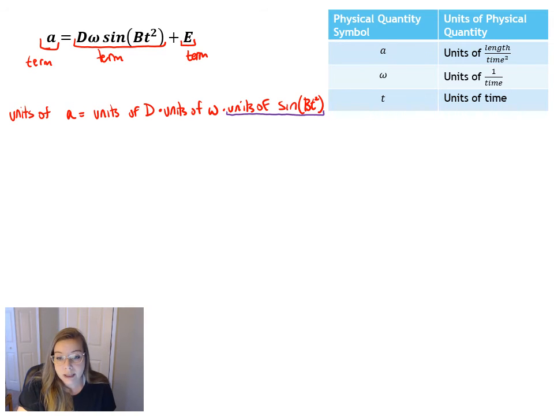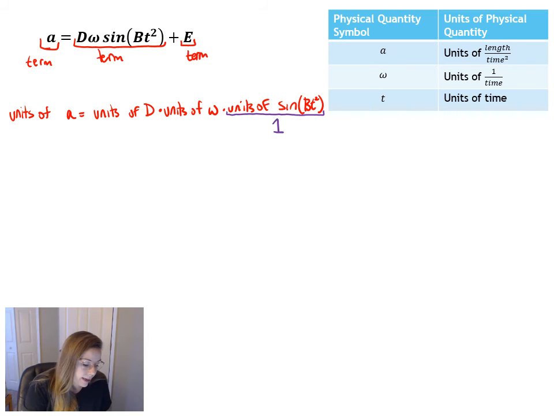So the units of sine BT squared are unitless. There are no units. So if you want to, you can just plug in the number 1 if that helps you. There are some other quantities like pi, some other fundamental quantities out there that are just unitless. And so when we write the units of this thing, if it has no units, it goes away. You can just plug in the number 1 instead.